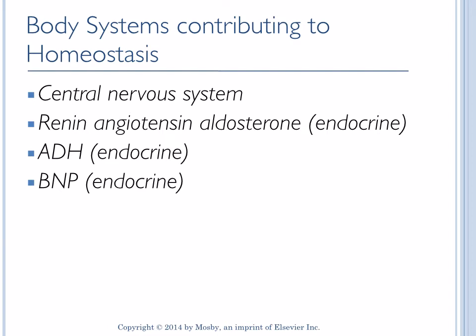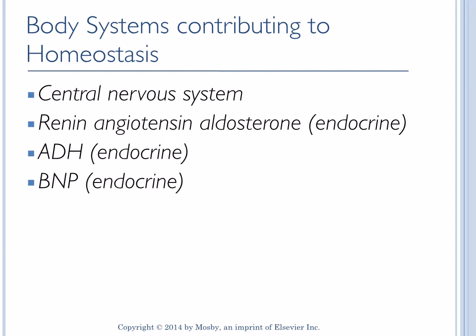So the central nervous system plays a role in a way that when there is a decrease in cardiac output, it will activate the sympathetic nervous system. And epinephrine and norepinephrine are secreted into the blood, and epinephrine increases heart contractility, thereby increasing cardiac output.